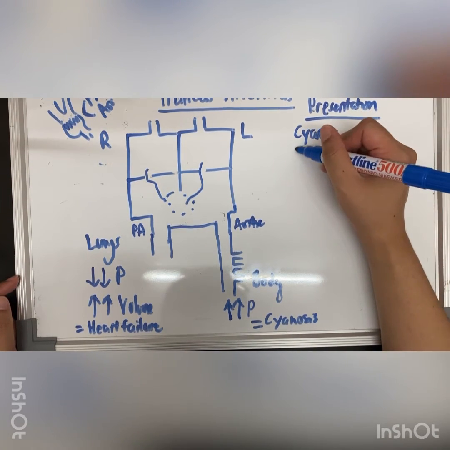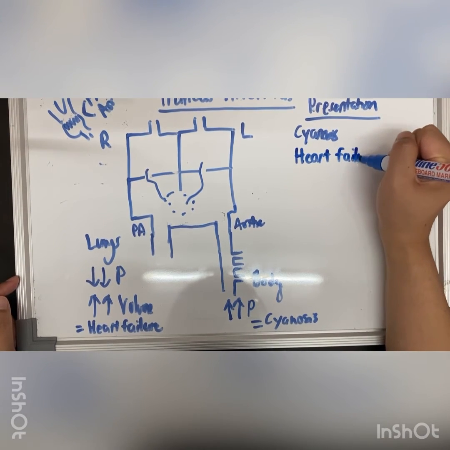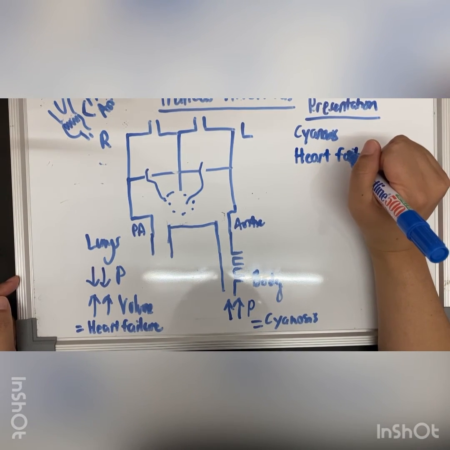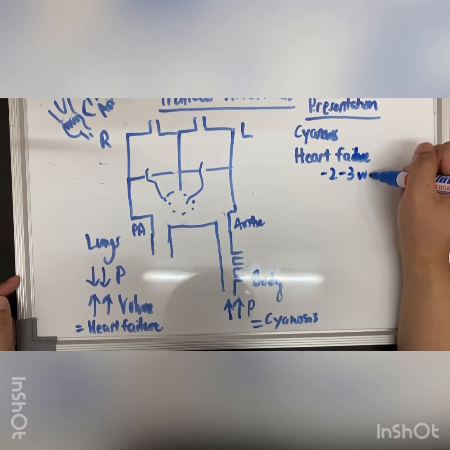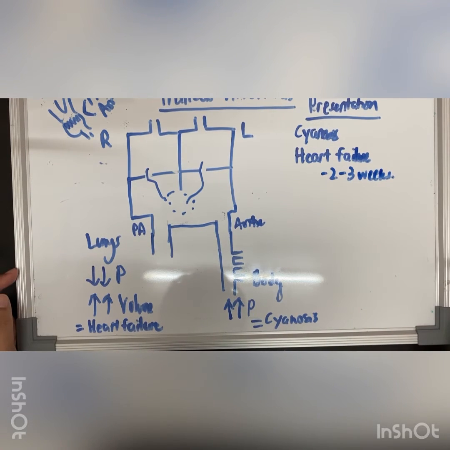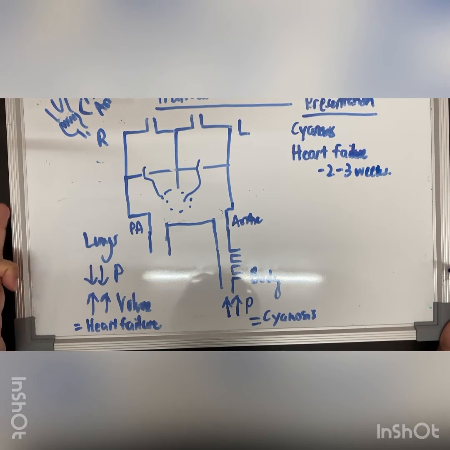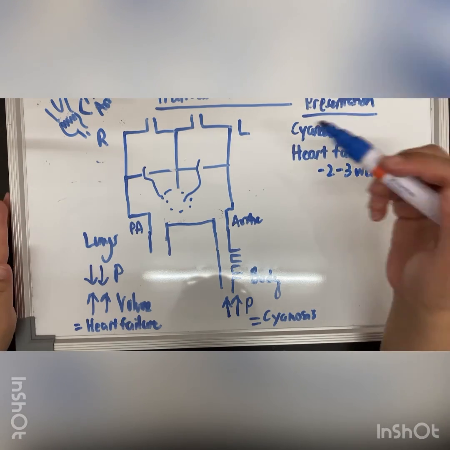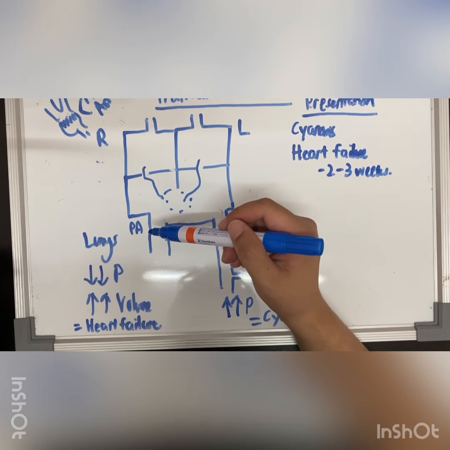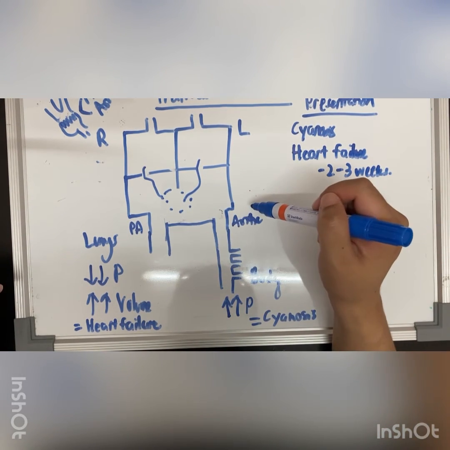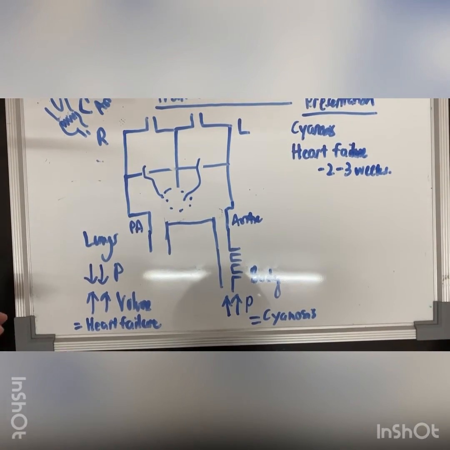They can also present with heart failure symptoms, but this usually presents during the 2 to 3 weeks of life due to the initial phase of high vascular resistance in the pulmonary system. So when the pulmonary vascular resistance finally comes down over 2 to 3 weeks, then only will the symptoms of heart failure show.